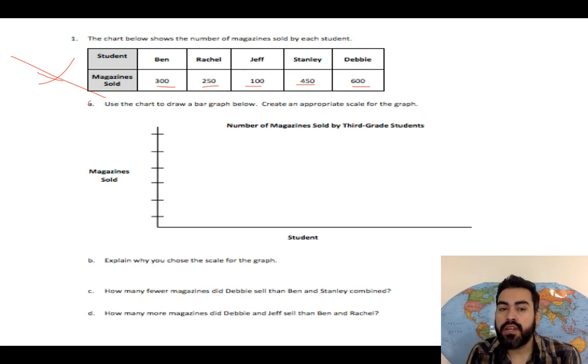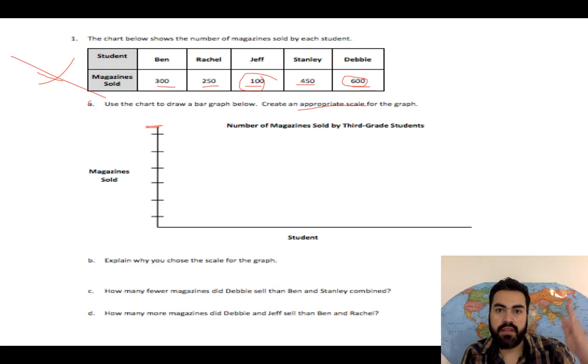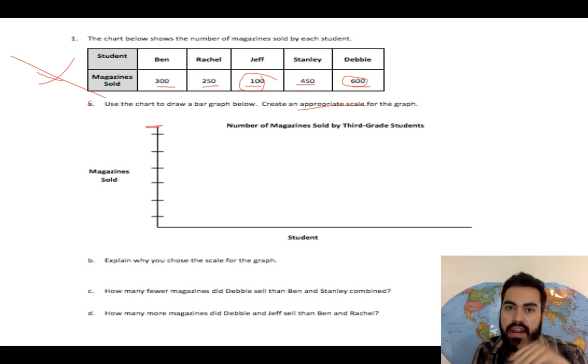So A, use a chart to draw a bar graph below, and create an appropriate scale for the graph. Noticing here we go up to 600 and our lowest value is 100. Let's say you had an infinite amount of paper and you could make your graph as big as you wanted, and you counted by 1s on the side: 1, 2, 3, 4, 5, 6, 7, 8, 9, 10.